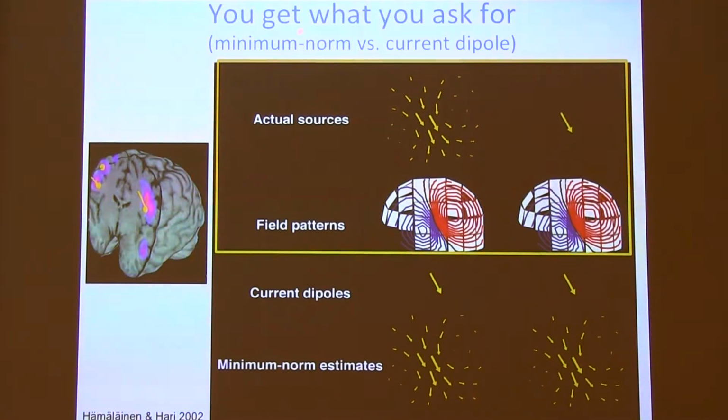If you simulate a distributed source in the auditory cortex or a local current dipole, the field patterns are exactly the same. And if you use a current dipole model to explain this, in both cases your answer is that you had local current dipoles. Or if you use distributed minimum norm estimates, your answer is that you have these ones. So you have to keep in mind that the method of analysis determines quite much what you get.